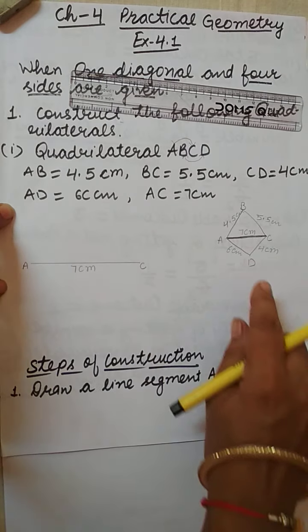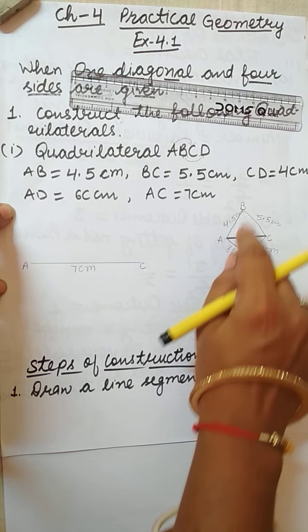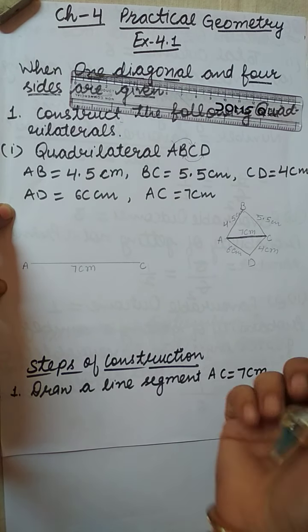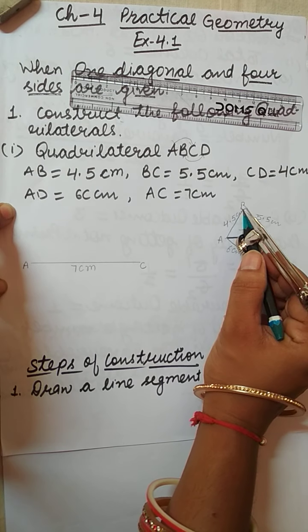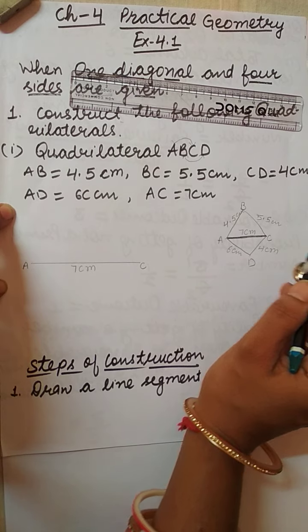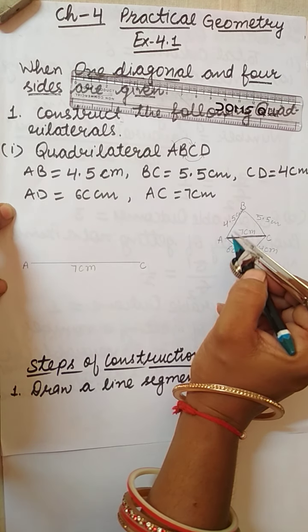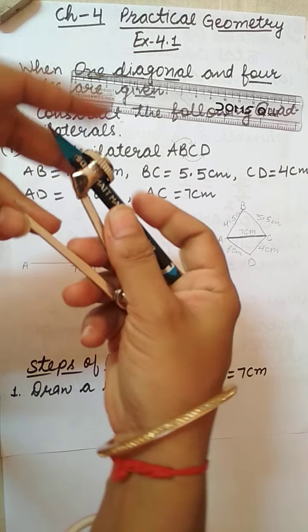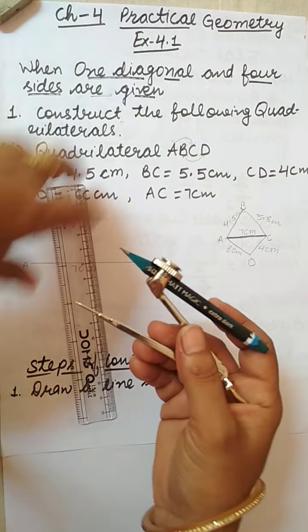Now secondly, we have to draw the upper triangle. So here I will mark the arcs using compass, and as we know here AB is 4.5 centimeter and BC is 5.5 centimeter. So firstly I will open the compass equal to 4.5 centimeter.